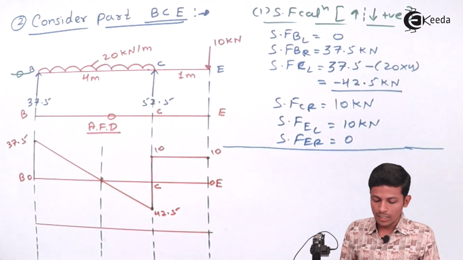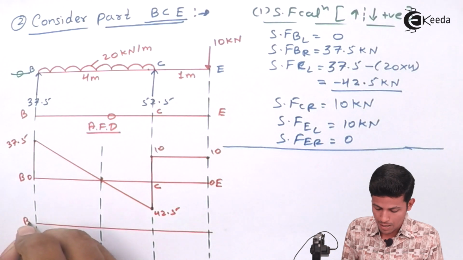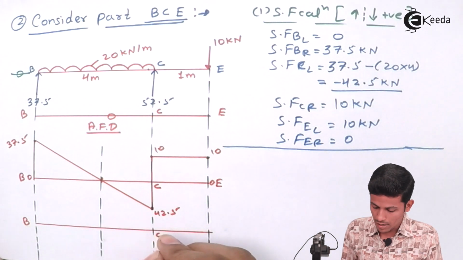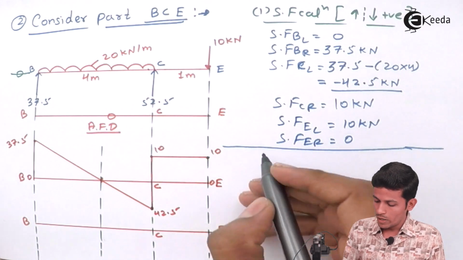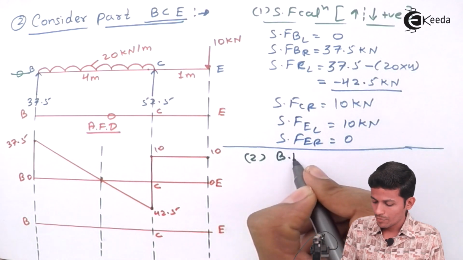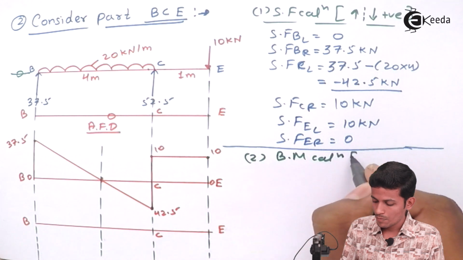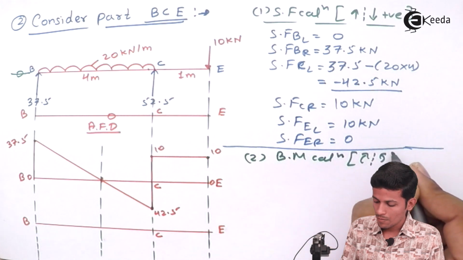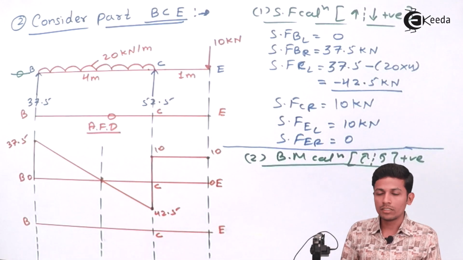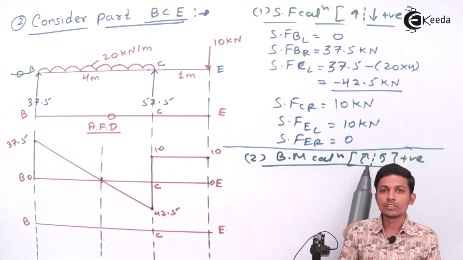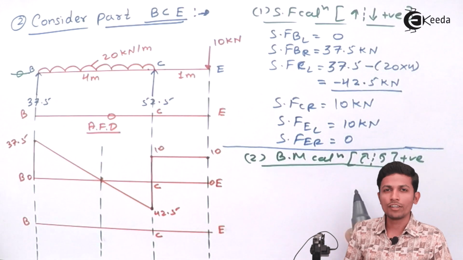Okay, now let's see how you will find the bending moment. This is your B part, this is your C part, and this is your E part. Always write the sign convention inside of that calculation, because it's very convenient while solving the sums.